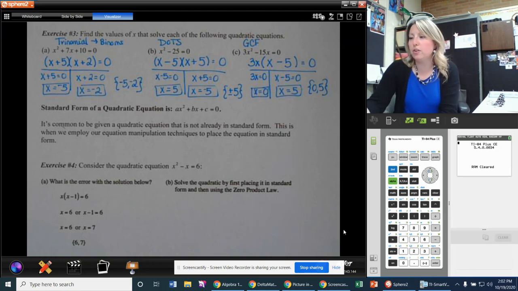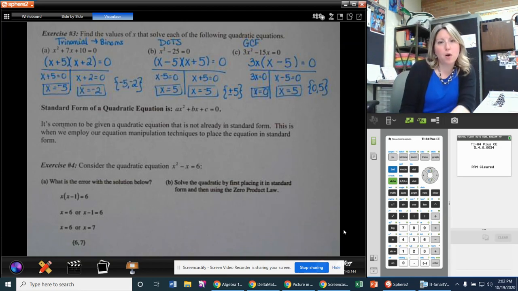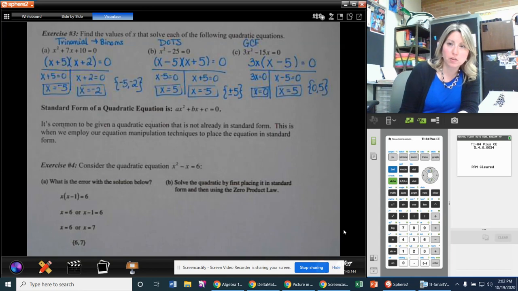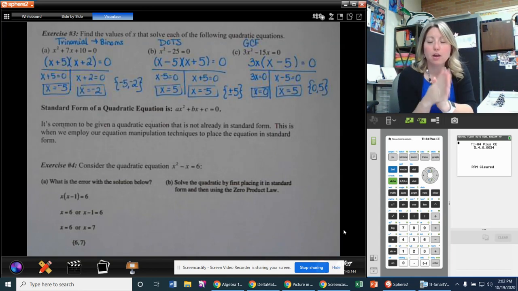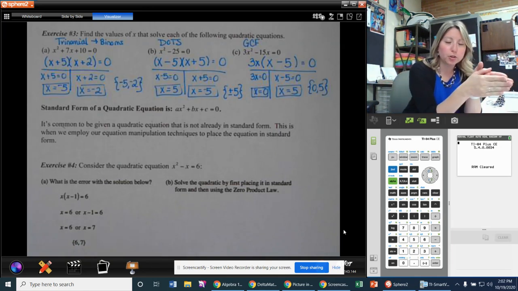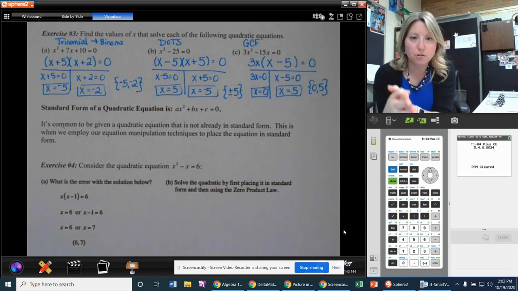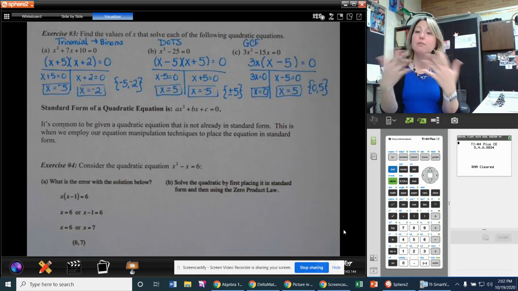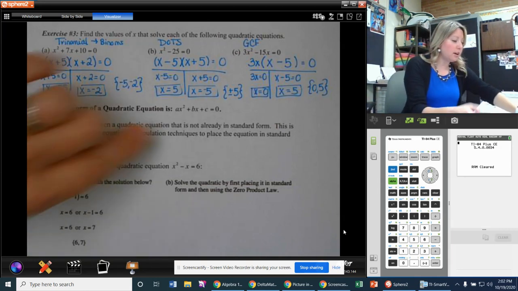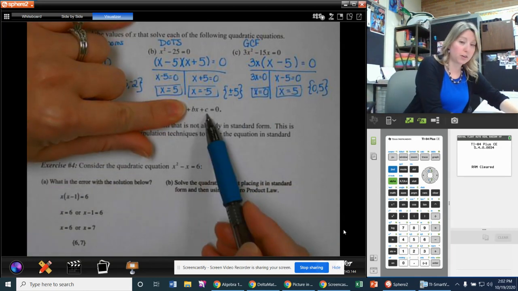Just a quick reminder that the standard form of a quadratic equation is ax squared plus bx plus c equals 0. It just means that you put your x squared term first, then your x term, then your integer term, equals 0, right? If you have those. You might not have this or this.